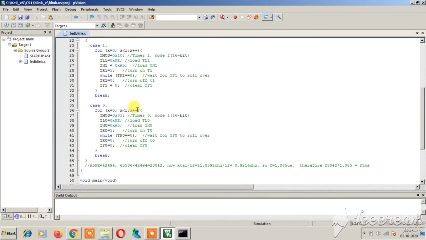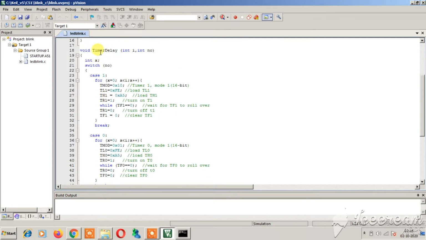Now in this code we will be having the void delay function, the timer delay. So here you have the int I and the int number. Now we will be seeing that number decides whether I'll be using timer 0 or timer 1. So if 1, then we should be using timer 1 in 16-bit mode, and thus TL1, TH1, TR1, TF1.